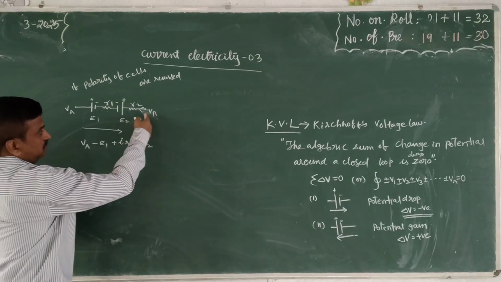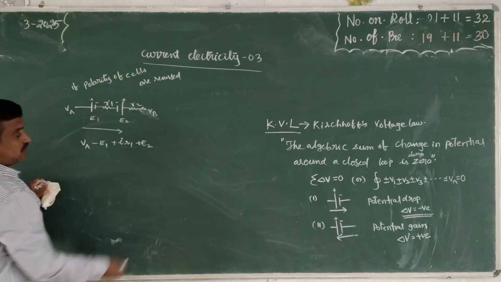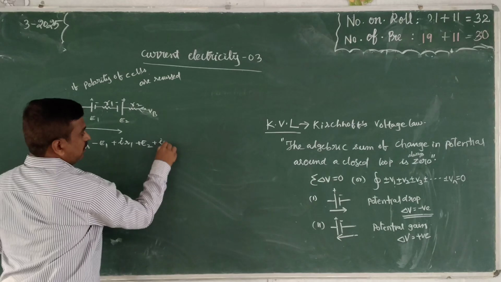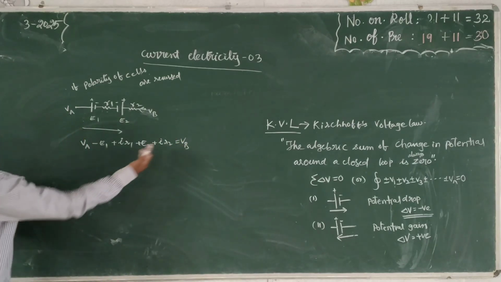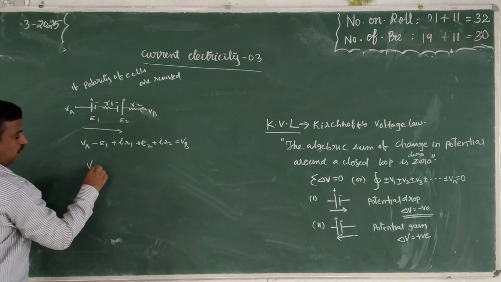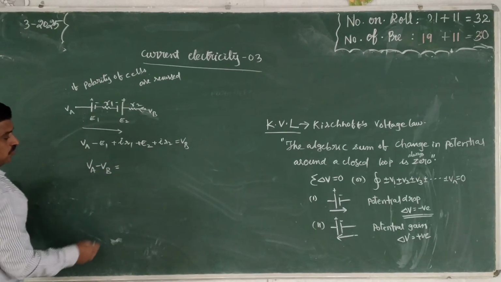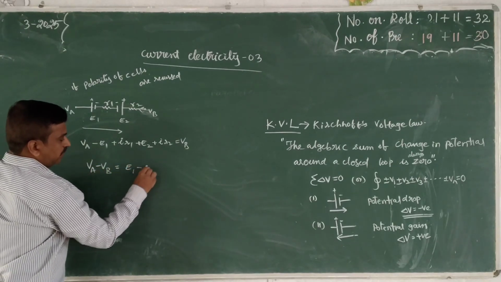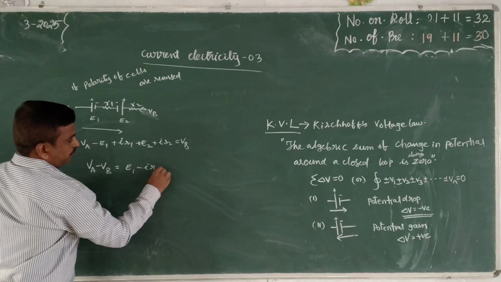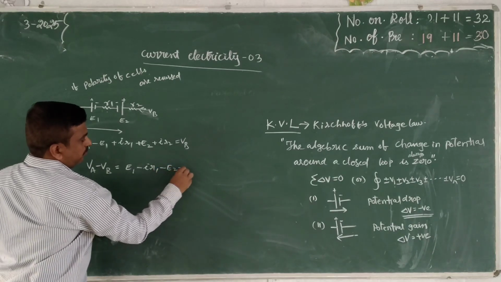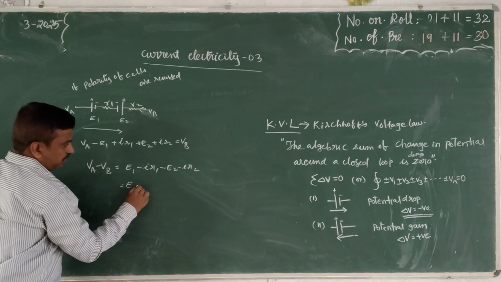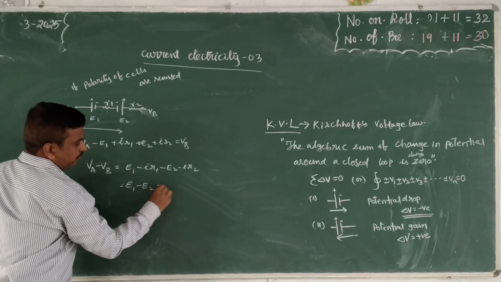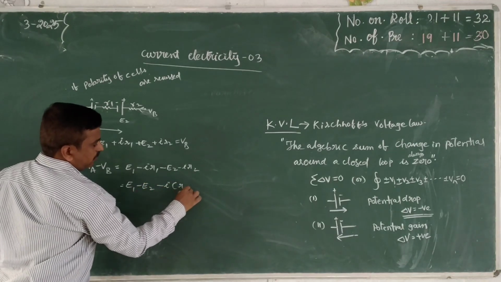Next, again current and loop direction are opposite, so we take plus I R2, equal to the potential at B, VB. So VA minus VB equals E1 minus E2 minus I times R1 plus R2.